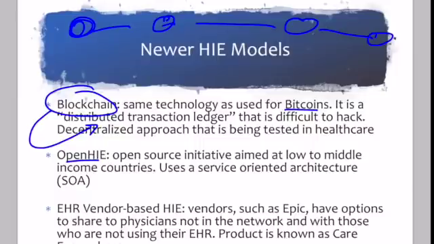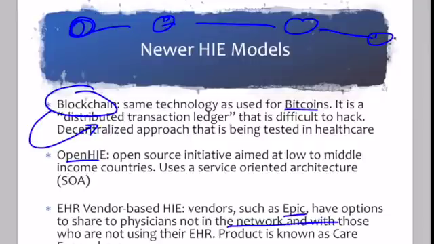EHR vendor-based HIE, such as Epic, has options to share with physicians not in the network, and with those not using their EHR product, like Care Everywhere. As we discussed, there are several vendors.